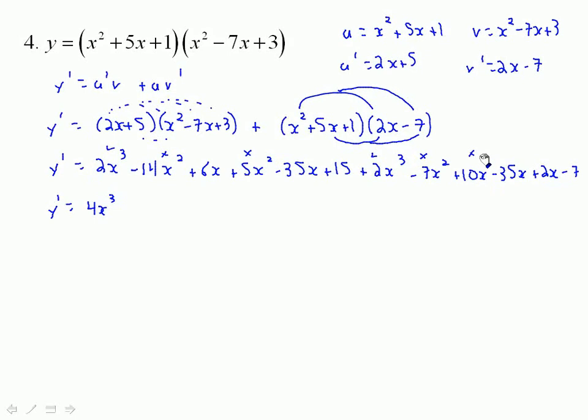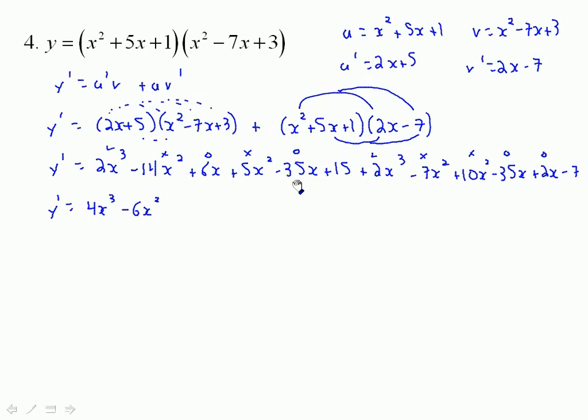Minus 9 minus 7 is minus 16. Minus 16 plus 10 is minus 6x squared. Then plus 6x minus 35x minus 35x plus 2x.